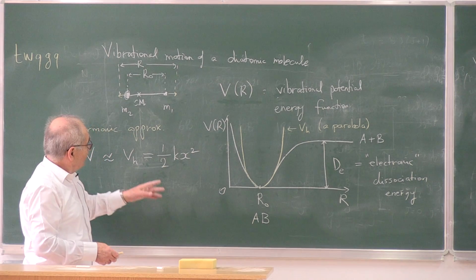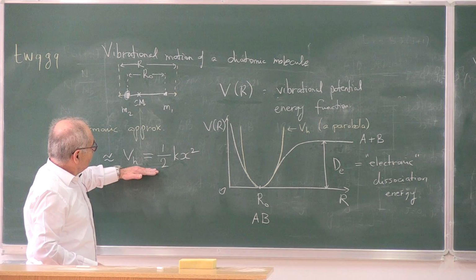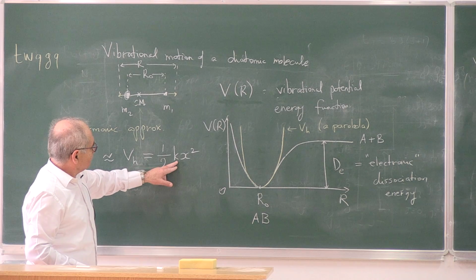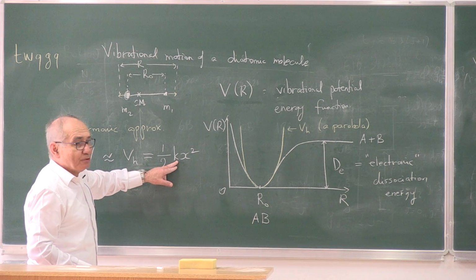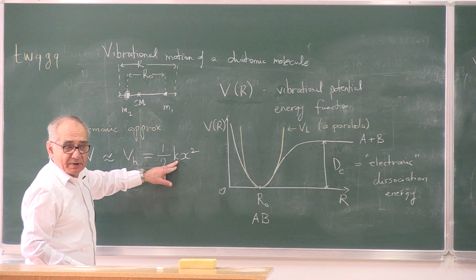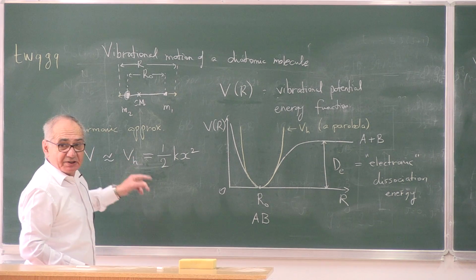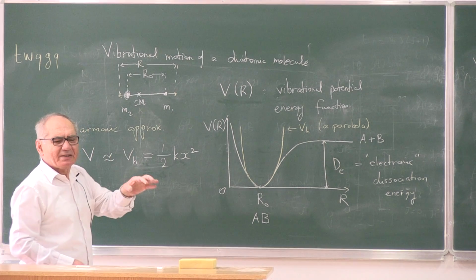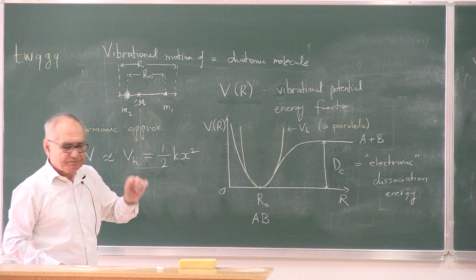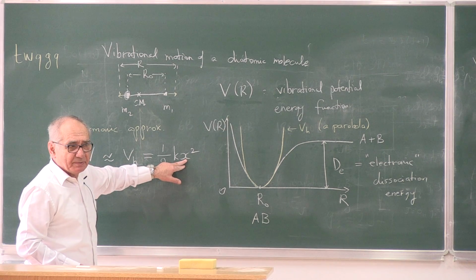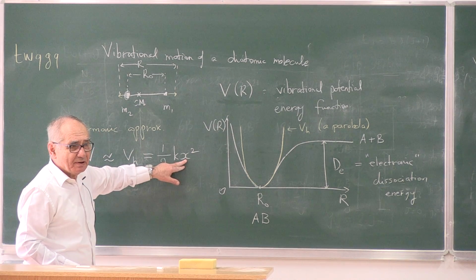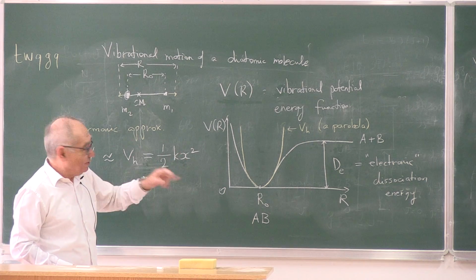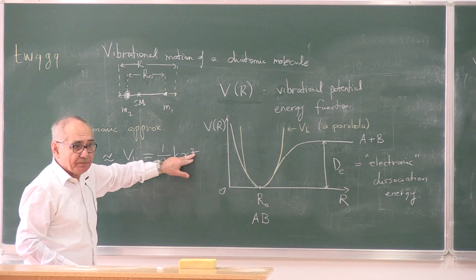Now, by looking at this expression, what do you conclude about unit for force constant? Remember, potential energy is energy, all right? So let us use SI unit. Then x has a unit. What is the unit for x? x is distance, meter. This is meter square, isn't it?